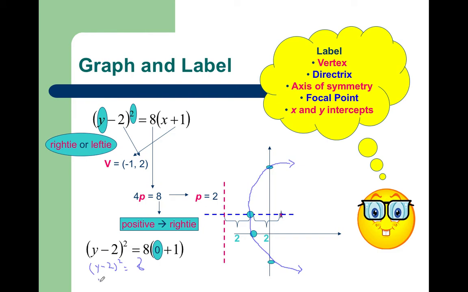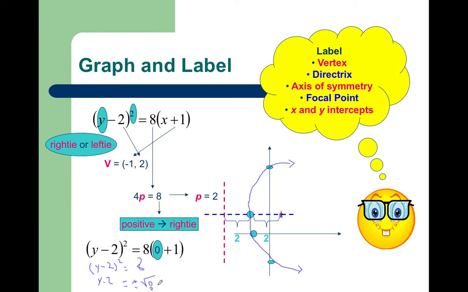Use the inverse operation. What's the inverse of squaring? It's not square rooting. It's plus and minus square rooting. You have 2 y-intercepts. So y minus 2 is equal to plus or minus the square root of 8.